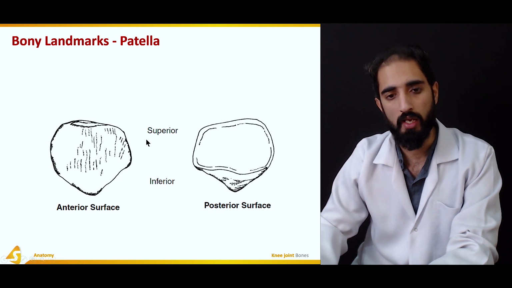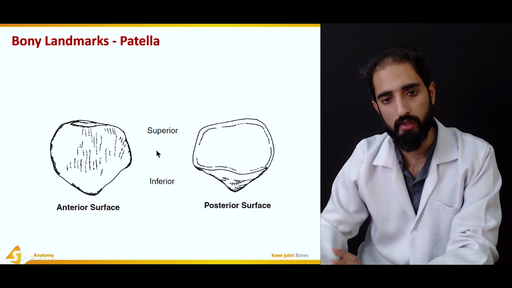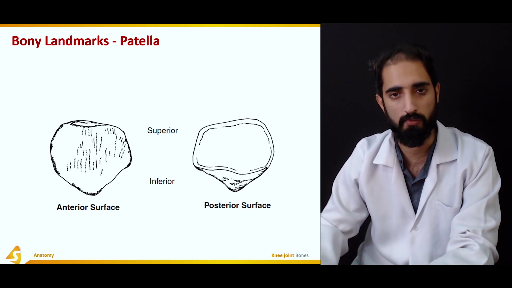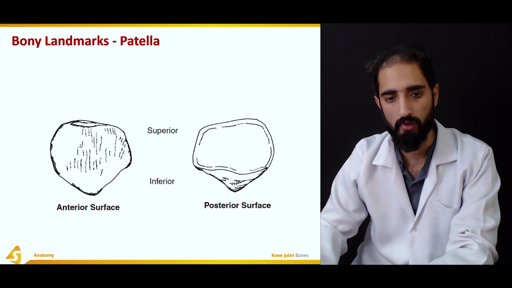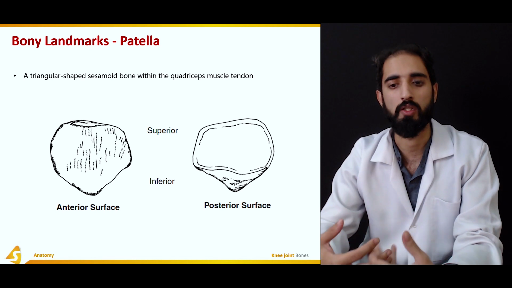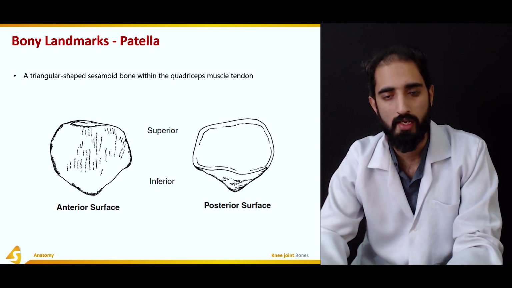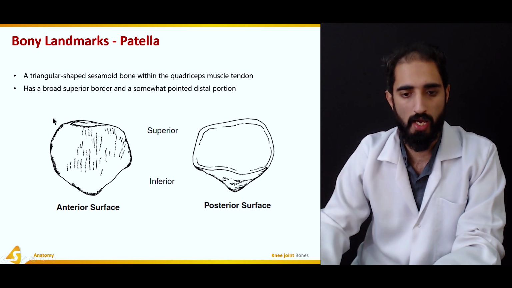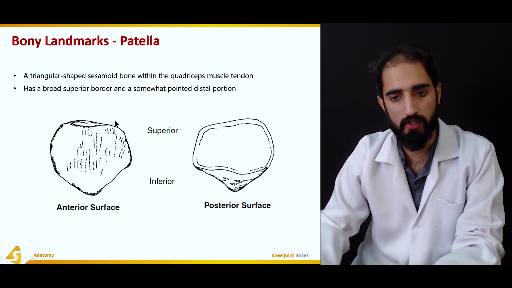The last and another very important bone which participates in the knee region is the patella, which makes the patellofemoral joint with the femur. So a triangular shaped sesamoid bone which is present within the quadriceps muscle tendon is known as the patella. It has a broad superior border, as you can see here, and a comparatively pointed distal portion, as you can see here.